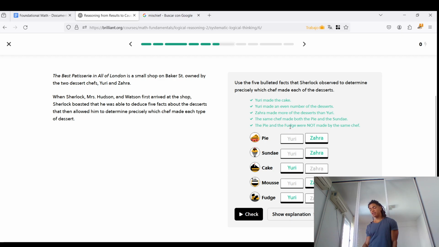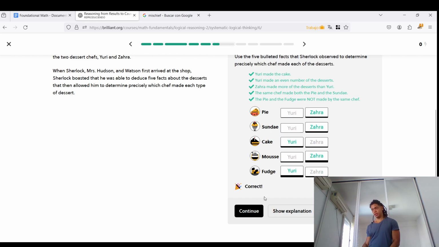The same chef made both pie and the sundae, but the pie and the fudge were not made by the same chef. And this actually is true. So Judy only does the fudge, but Sarah does the pie. So when you check here, that's correct.